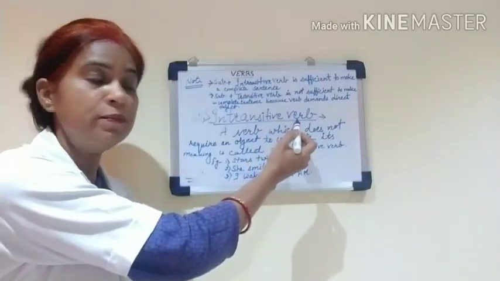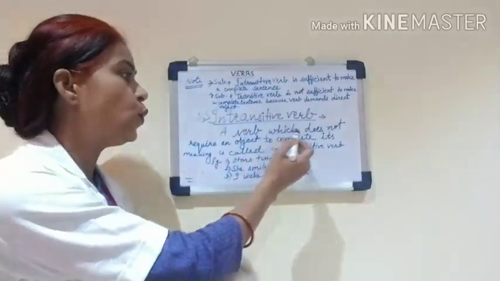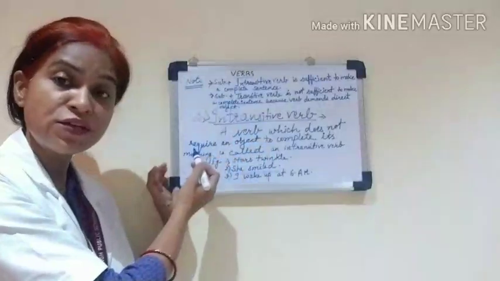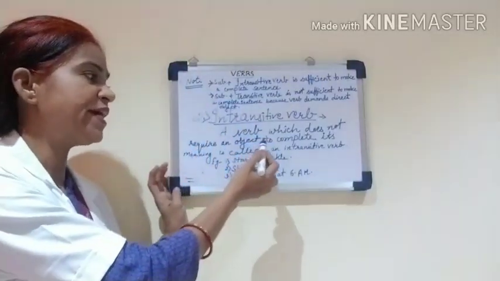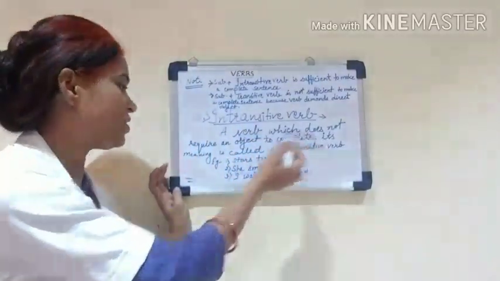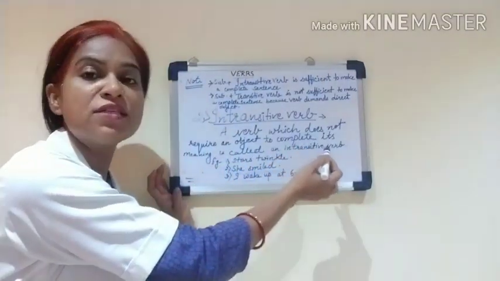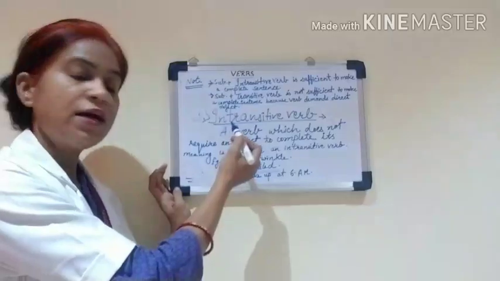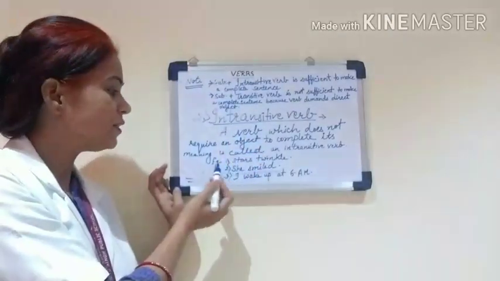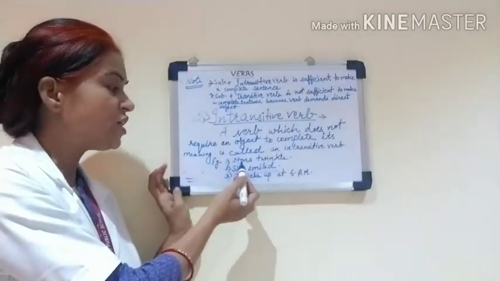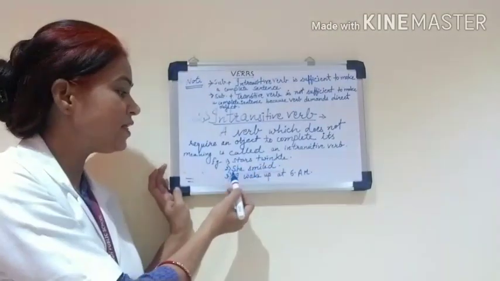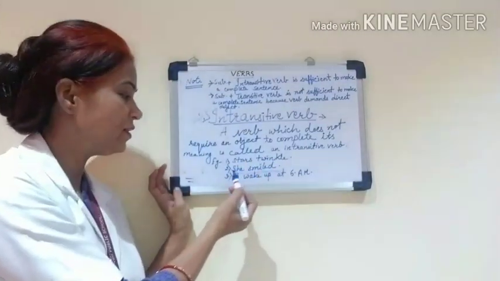Intransitive verb. A verb which does not require an object to complete its meaning is called an intransitive verb. Look at some examples. Stars twinkle. She smiled.